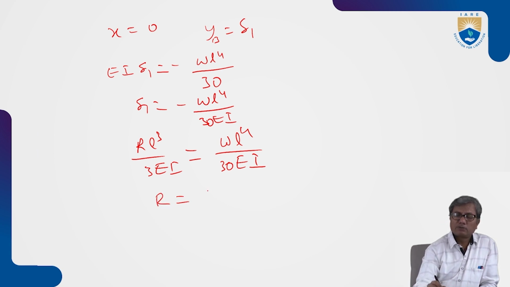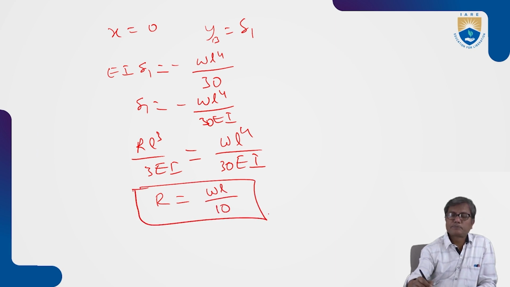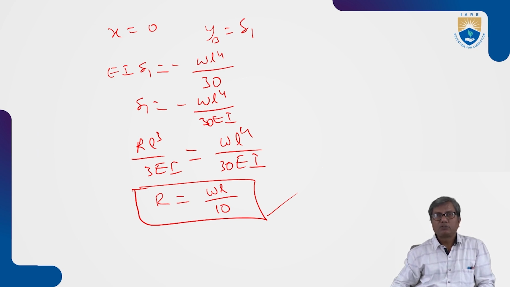So you will get R equal to WL by 10. So this is the prop reaction. And once you know the prop reaction, the next step is to analyze that for shear forces and bending moments along this span.